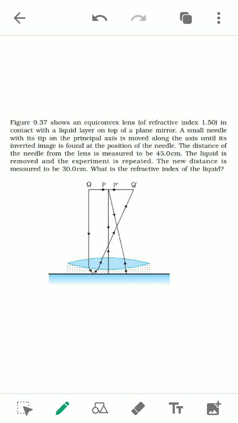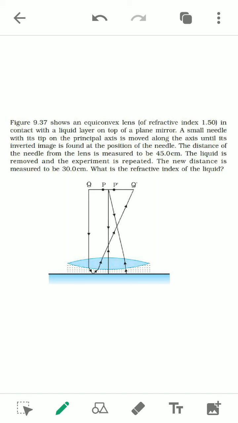That means for the combination, the focal length capital F is equal to 45 centimeter. Now the refractive index of the lens is given, we will take it as N1, that is 1.5.